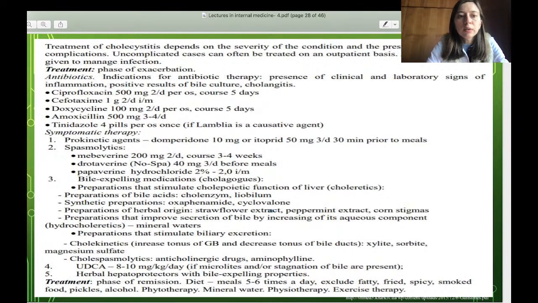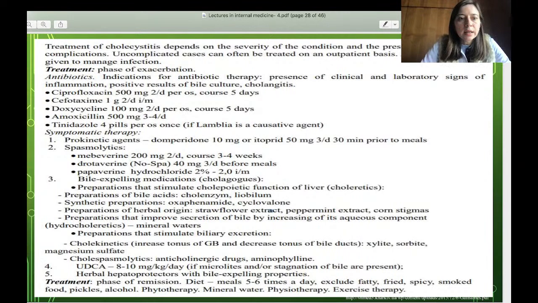Next, spasmolytics: mebeverine 200 mg 2 times a day, course 3-4 weeks; drotaverine 40 mg 3 times a day before meals; papaverine 2% 2 ml intramuscular.